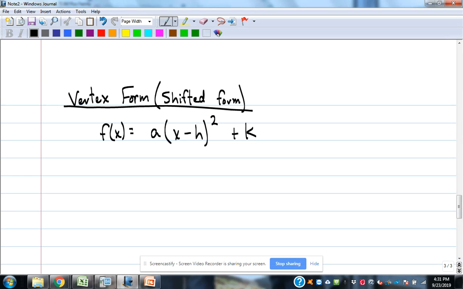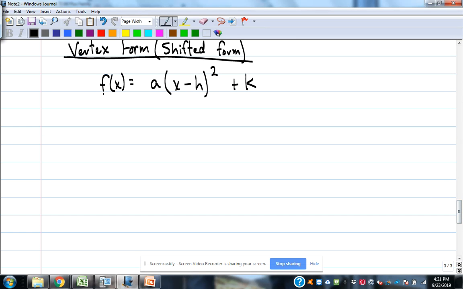The good thing about vertex form is it has a shortcut for the axis of symmetry and the vertex. That's why it's called vertex form. The axis of symmetry is always x equals h.